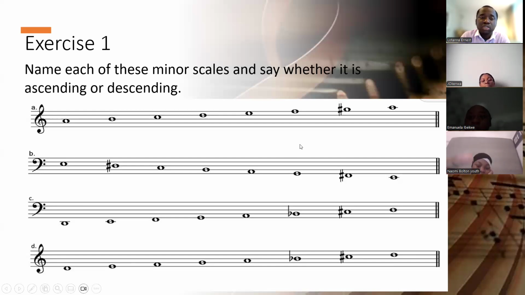But you have two sharps. Yes, you have the seventh degree that is sharpened, but you also have the second degree that is sharpened. How do you explain that?